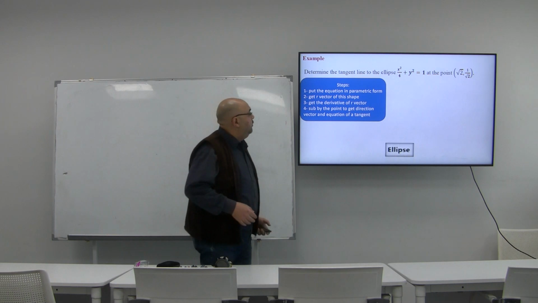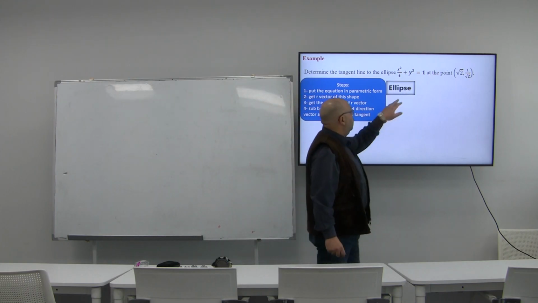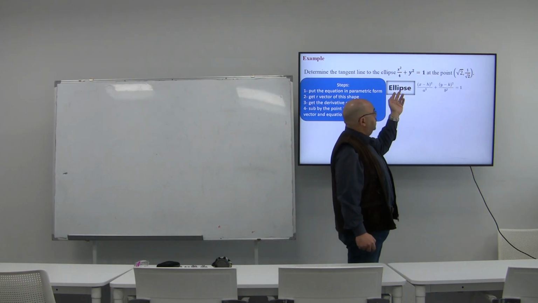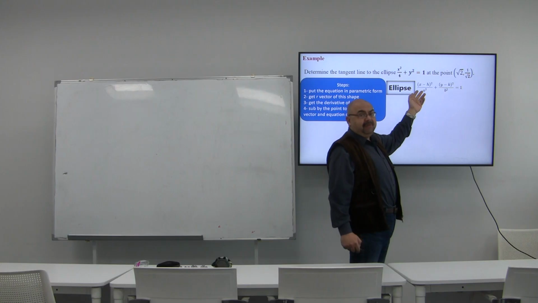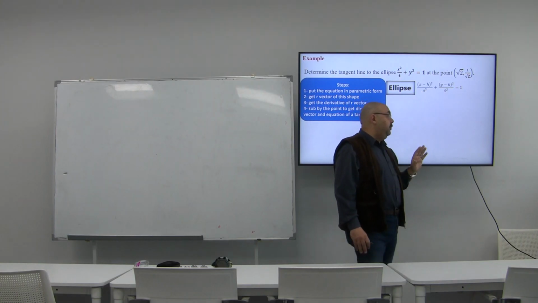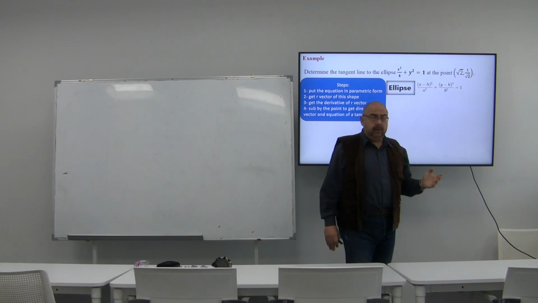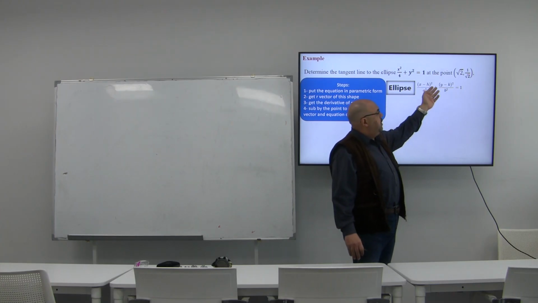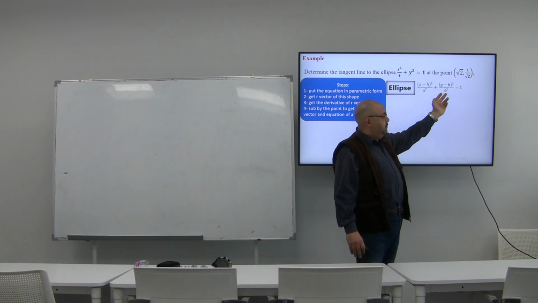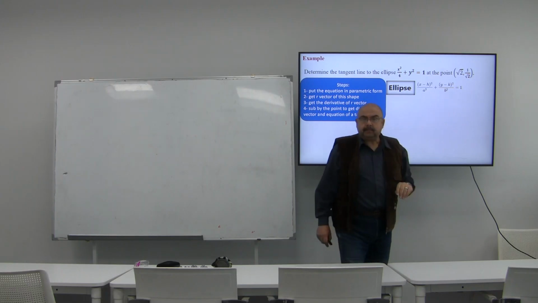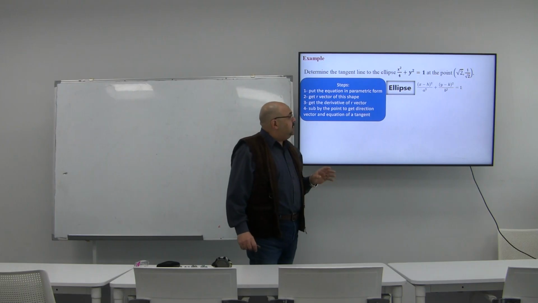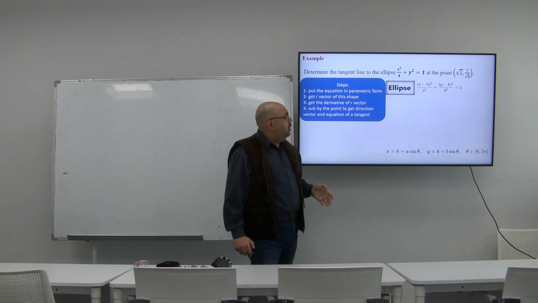So x squared over 4 plus y squared equals 1. As I told you, it's an ellipse equation. So simply, the general form of an ellipse is (x minus h) to the power of 2 divided by a squared plus (y minus k) to the power of 2 divided by b squared equals 1. Here the center is (h, k), and the semi-axes are a for the semi-major axis and b for the semi-minor axis.